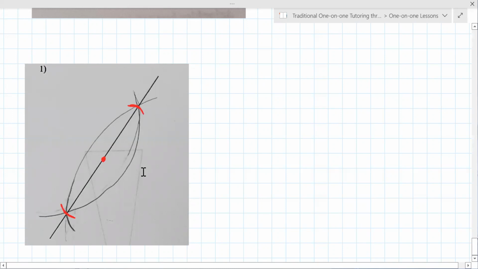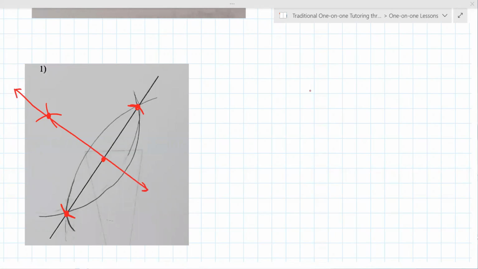And then you would reset the compass into the middle point there, and you would arc up here and arc up here, and that would create another point, and then you could connect them with a ruler, and there's your bisector. So the idea is that's 90 degrees. So if you do everything in red that I showed you, it should be accepted for credit.